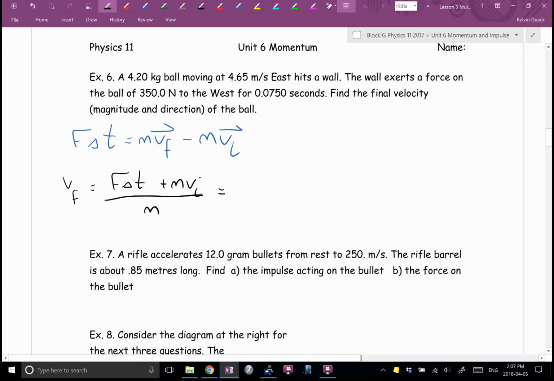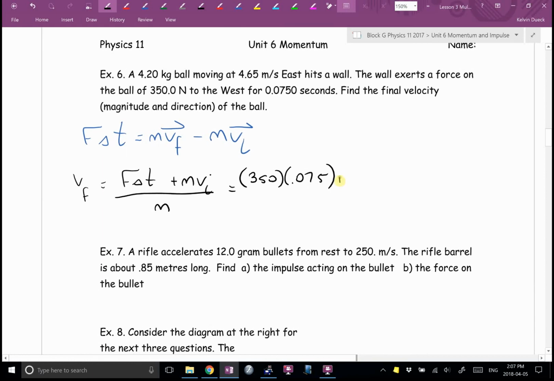Ethan, how big is the force? What's the force? 350? What's the time? 0.075. Plus, what's m? 4.2. What's Vi? 4.65.